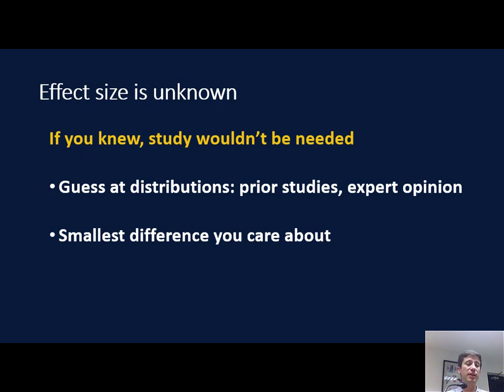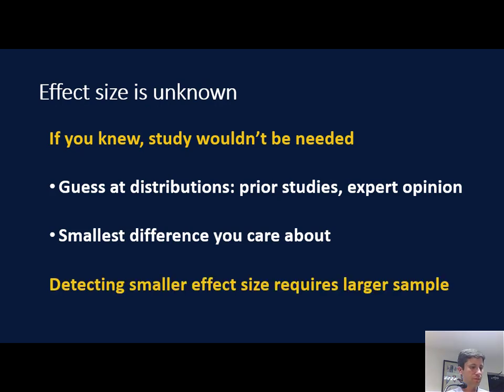And a guess might be based on expert opinion, some prior studies, maybe in another setting, or going back to the analogy we talked about with the ICAMPs and increasing referral rates, it might have to do with the smallest difference that you want to detect. You might say, I don't really care if I can increase acceptance rate by 5%. I only care about 15% or 20%. So that's an acceptable way also to decide on your effect size.